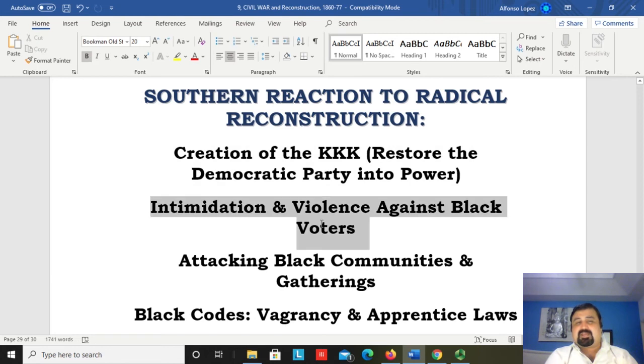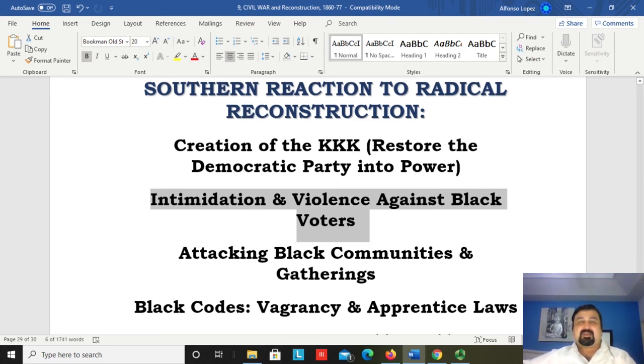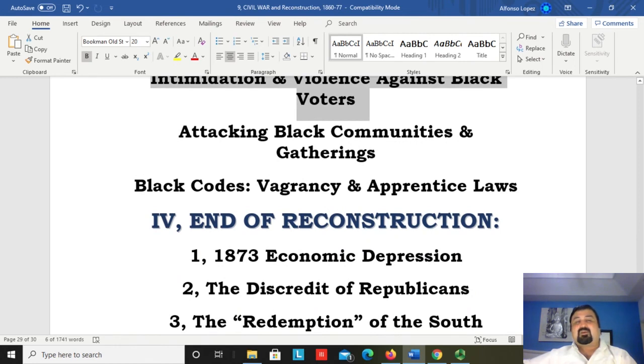Okay, they use intimidation, violence against black voters, driving them from the voting places in many cases, or just harassing them in many cases, attacking black communities, gatherings. It was very common for any gathering to be subject to violence, or black communities as well.